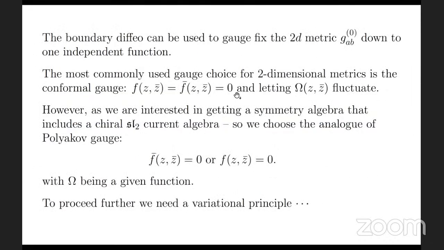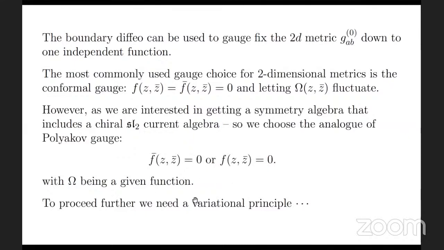So the other popular choice, which is not so well known, is the so-called Polyakov gauge, where you put either f or f bar to 0. Okay, so if you put, for example, f bar to 0, then there will be a component along the boundary metric which is along dz squared, which fluctuates. Okay, and omega could fluctuate, or it's a fixed function. In fact, I want it to be a fixed function.